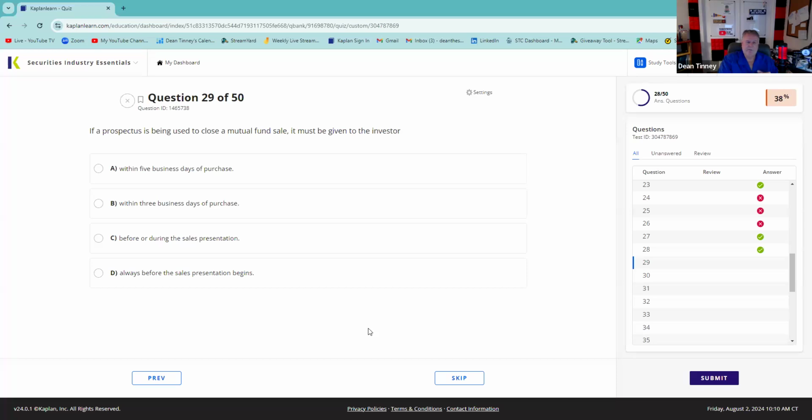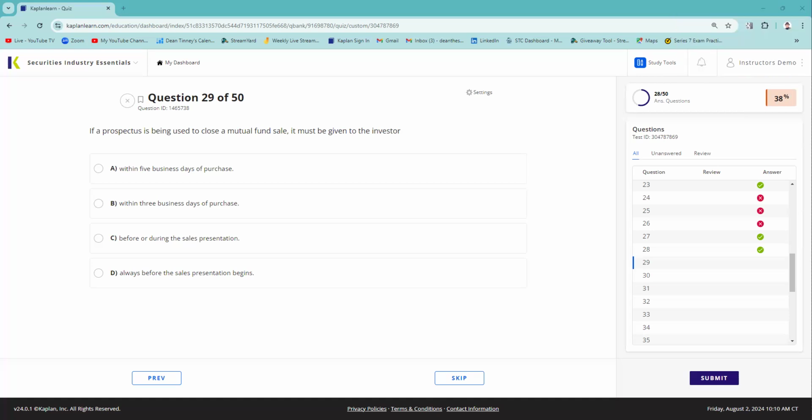If a prospectus is being used to close a mutual fund sale, it must be given to the investor. It's 5 or 3 days.